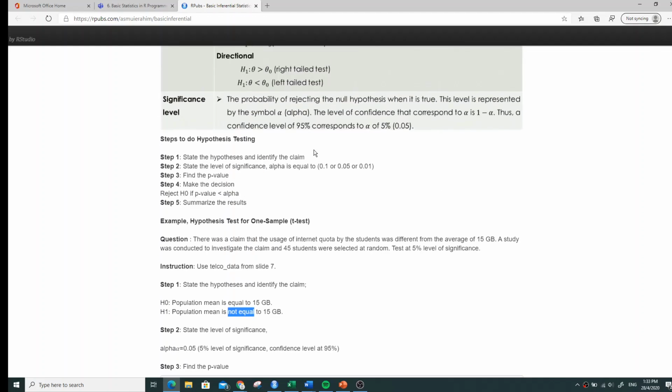The second step is to state the level of significance, whether alpha is equal to 0.1, 0.05, or 0.01. Pick one, or like this question, we already specify the alpha value, 5%. When you change it into decimal value, it is 0.05; 10% is 0.1; 1% is 0.01. What is the difference if we specify this level of significance?